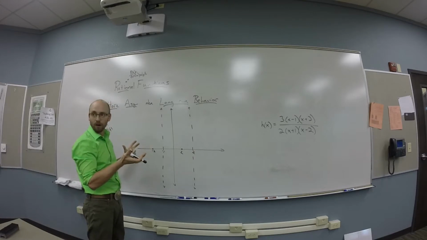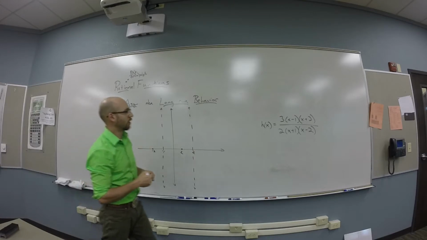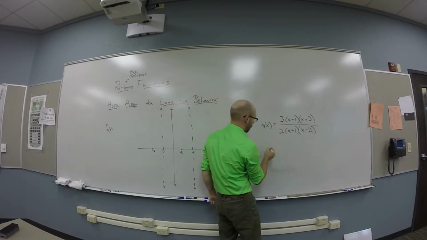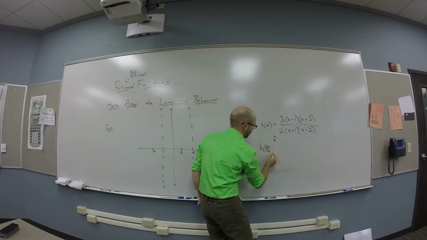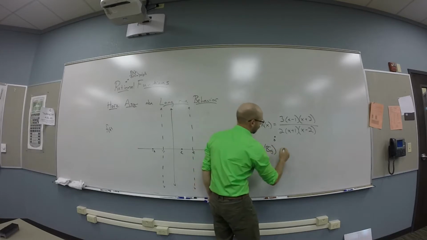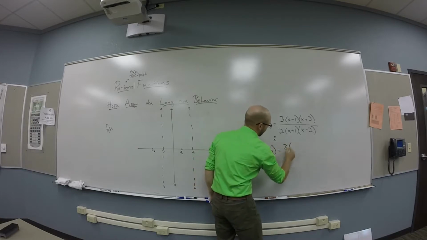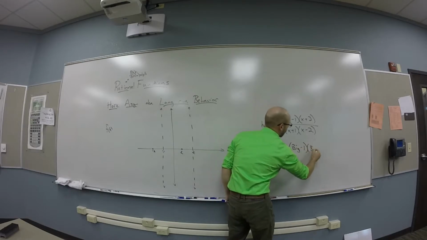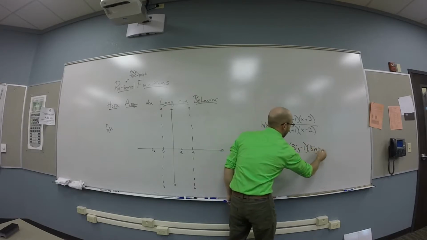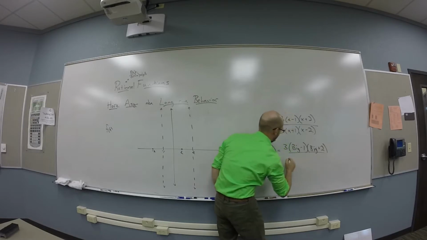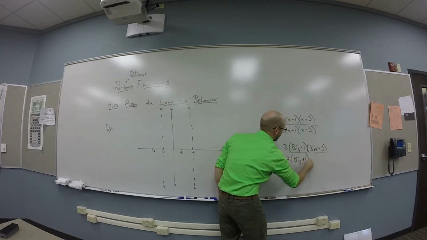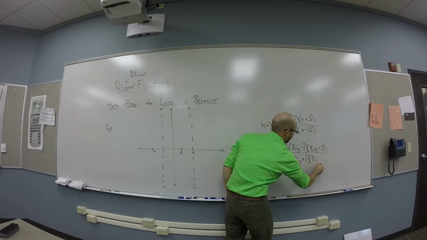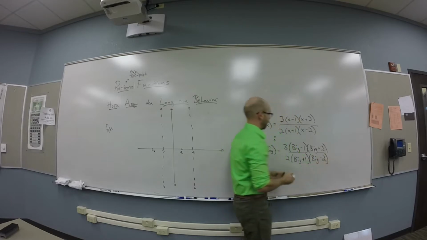I want the long run, right? Okay, so if I think about this thing with h of big, right? So I'm going to get 3 big minus 1 times big plus 2 over 2 big plus 1 big minus 2.